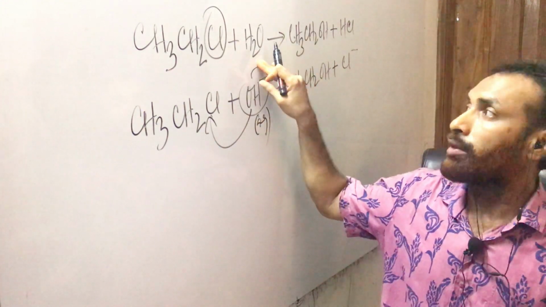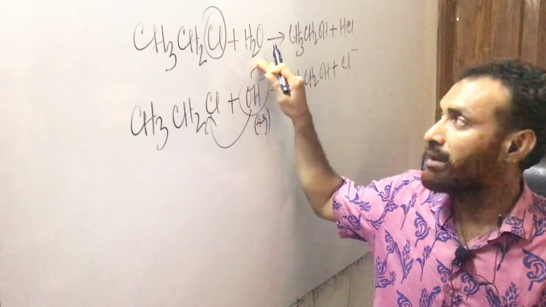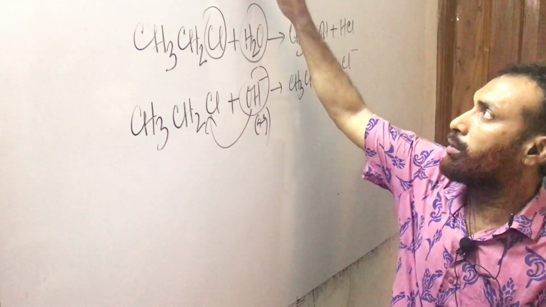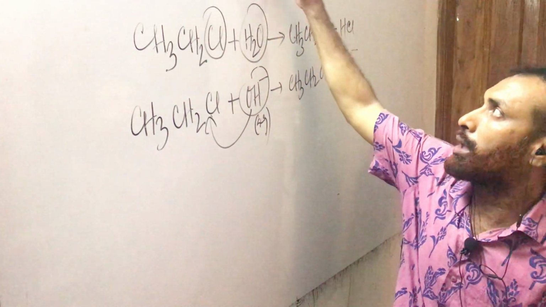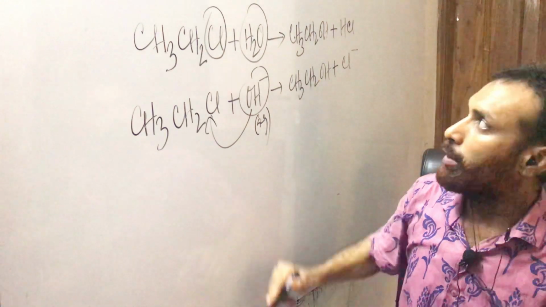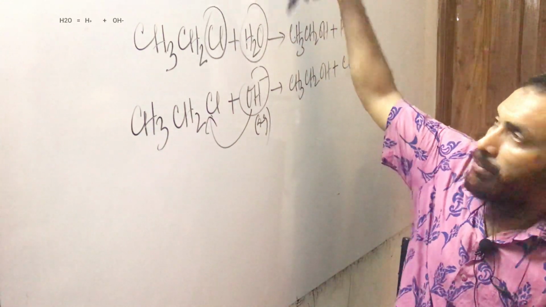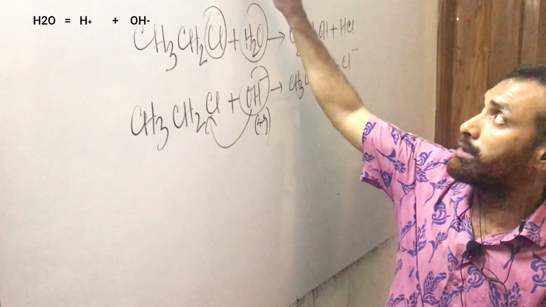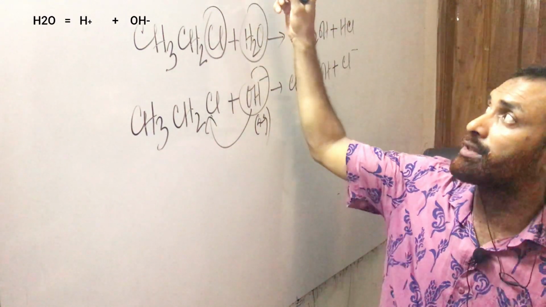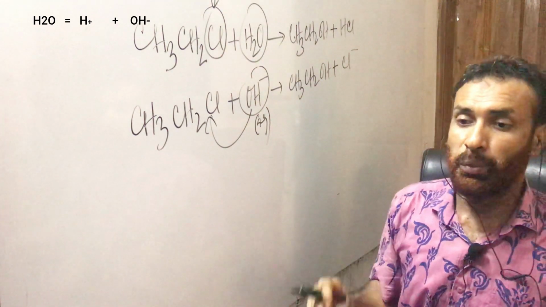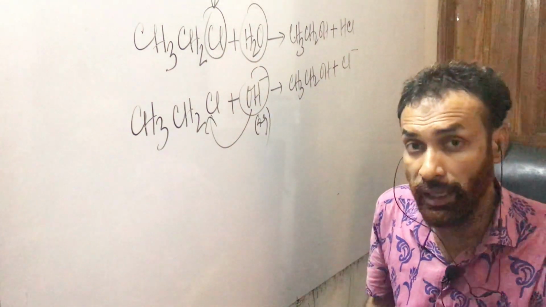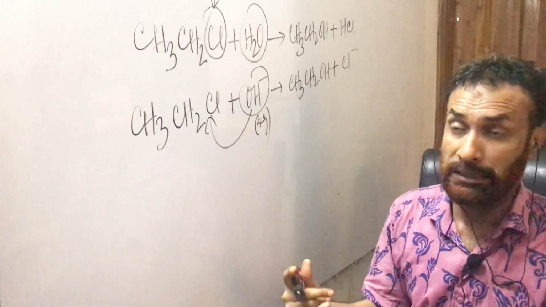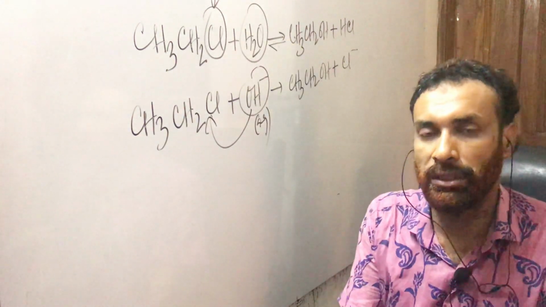For the first reaction it is not the same. Here OH is not ready. Water is H2O, so you first need to break the covalent bond, which needs energy, and when you break the bond, then OH forms. Then OH will substitute the chloride. This is why the second reaction is faster and easier and needs less heat. The first reaction is reversible.